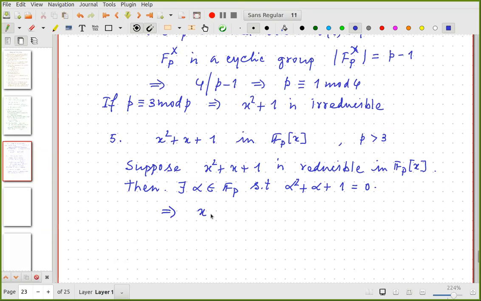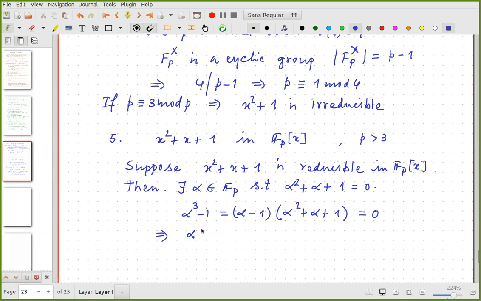So now the factorization: alpha cubed minus 1 is alpha minus 1 times alpha square plus alpha plus 1, and that is 0. So alpha and alpha square both are obviously not 0.